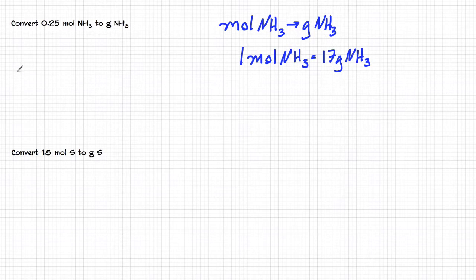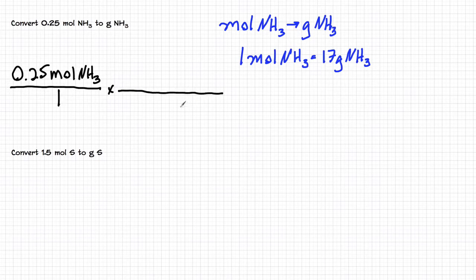So I write my unit over 1. And this is a one-step conversion. I want moles to cancel, so I'm going to go ahead and put that downstairs this time. And upstairs, I'm going to put grams.